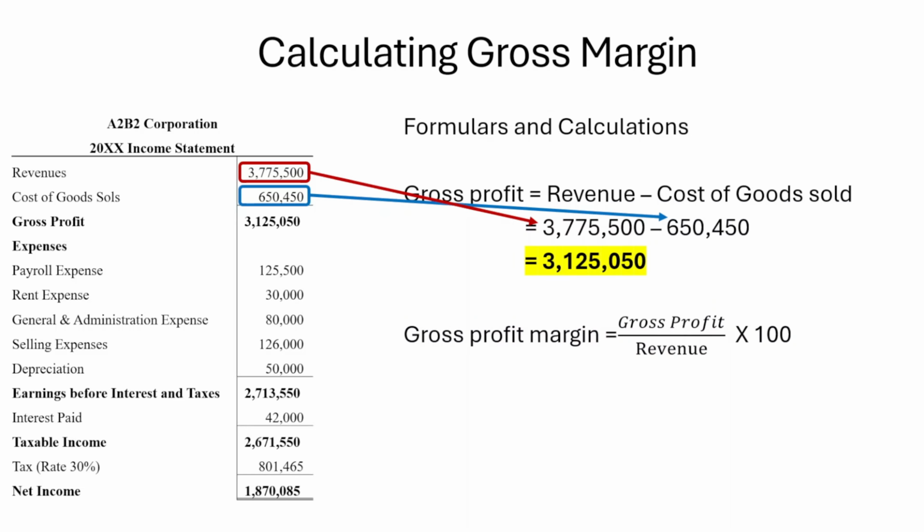Now our gross profit margin will be the gross profit from up there divided by revenue times 100, and our gross profit margin will be 82.77%. Important to remember, calculate the gross profit first, then you calculate the gross profit margin to get the percentage of the gross profit of the revenue.